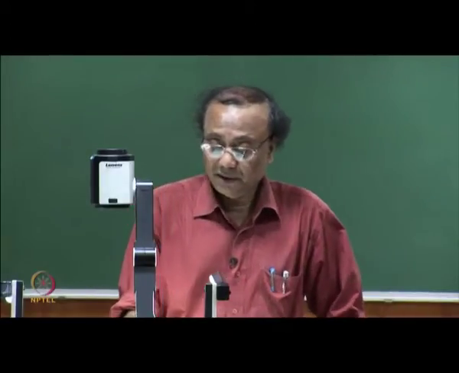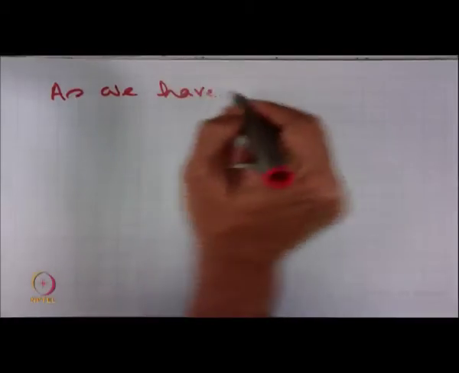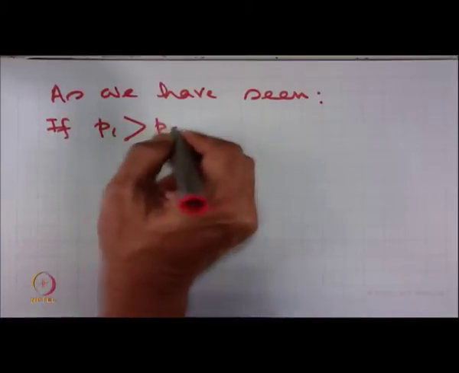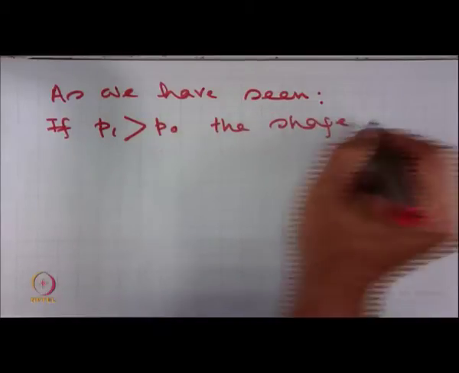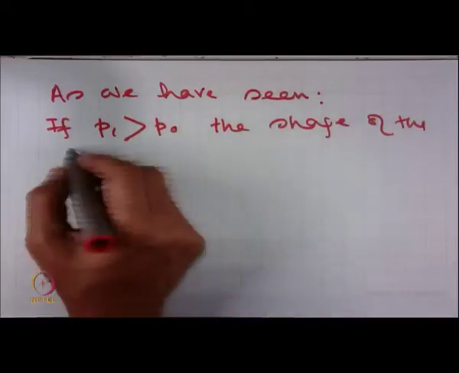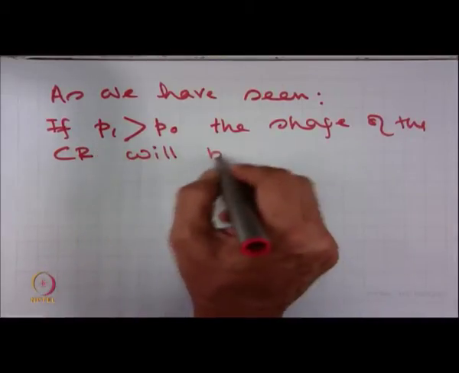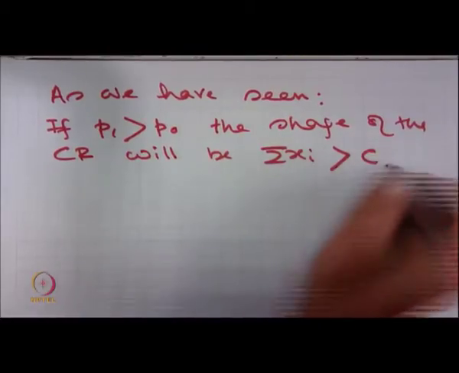As we have seen, if P1 is greater than P0, the shape of the critical region will be sigma xi is greater than some constant.